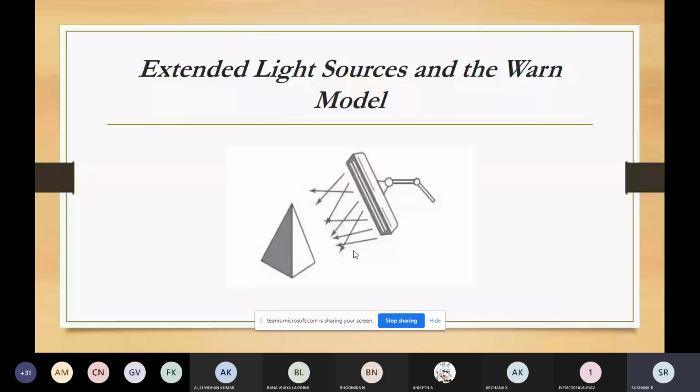One thing is, you can use this light surface as a grid of point emitters. So you can treat this light emitter like that. We use extended light sources in a scenario where you want to place the light source very close to the object.